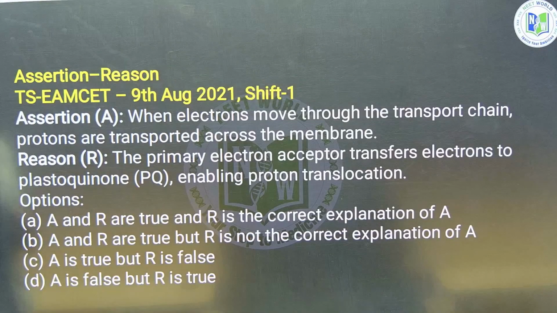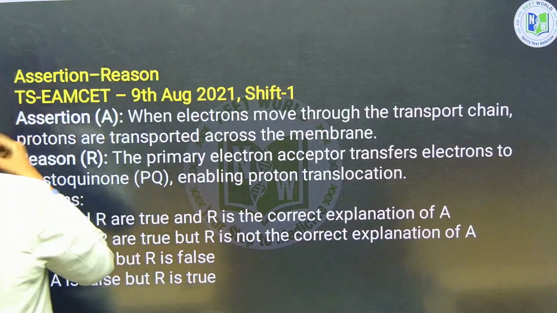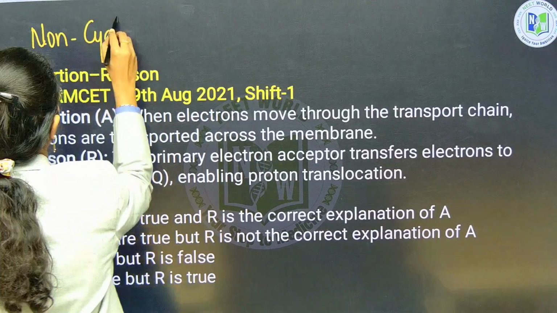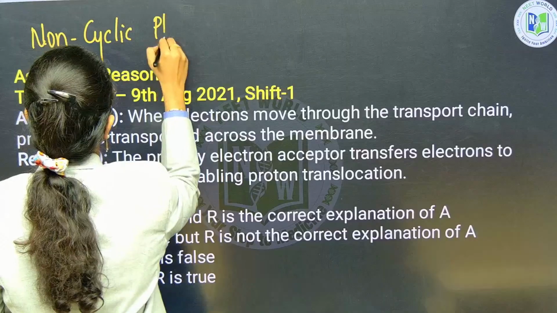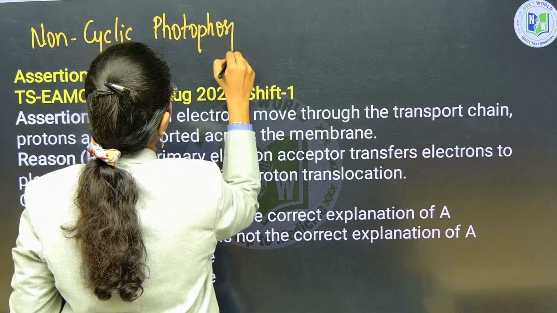Again assertion reason type of question from non-cyclic photophosphorylation.